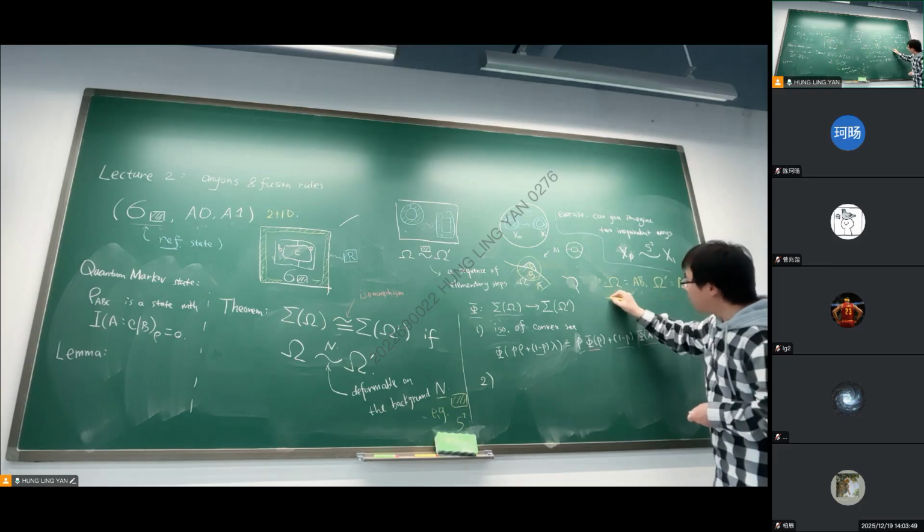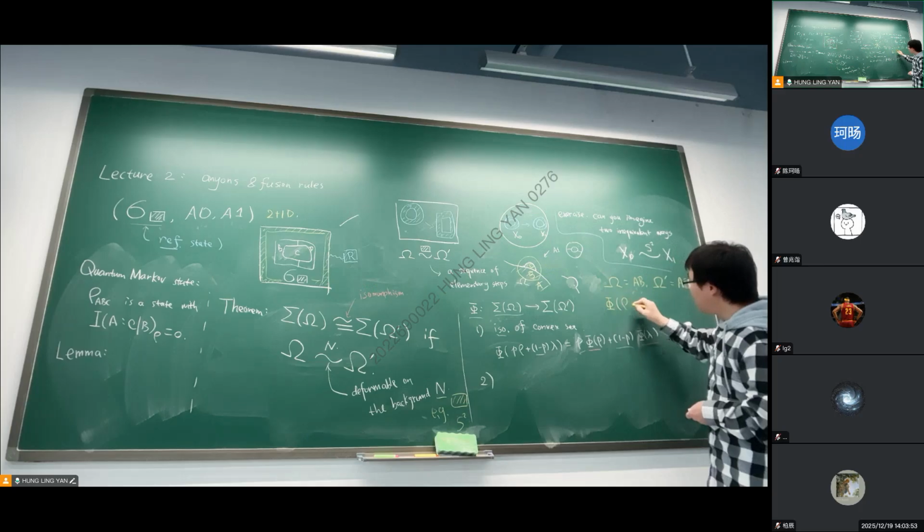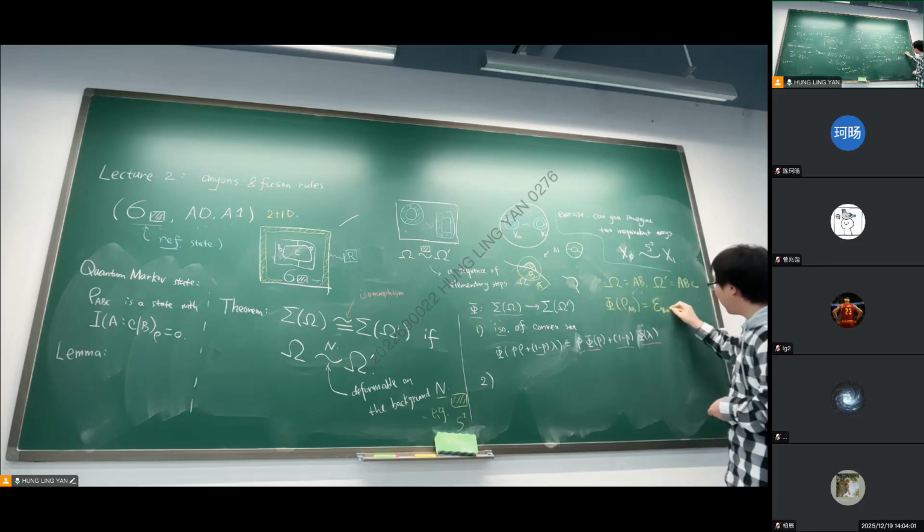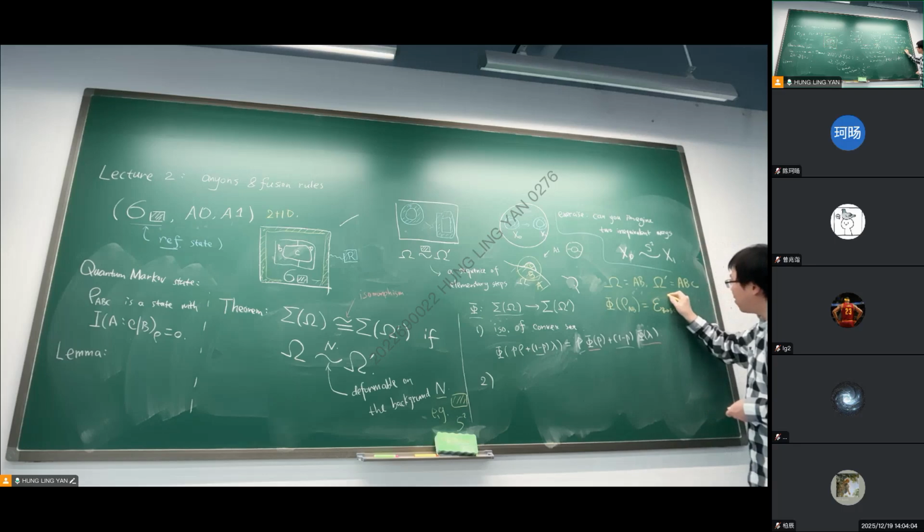And this map, it turns out, will be a quantum channel, and it will be equal to the quantum channel from B to BC based on the reference state acting on rho AB. This is called the Petz recovery map.